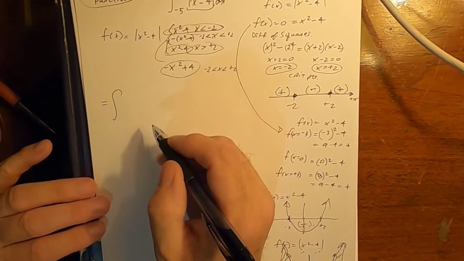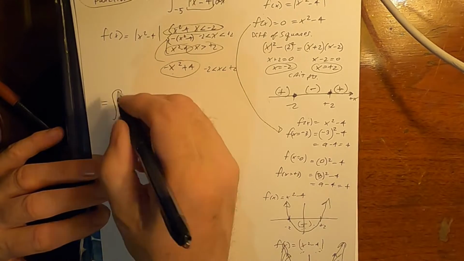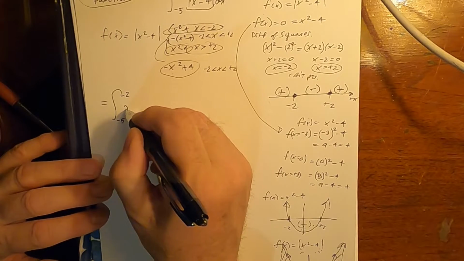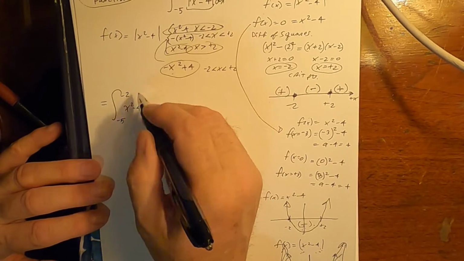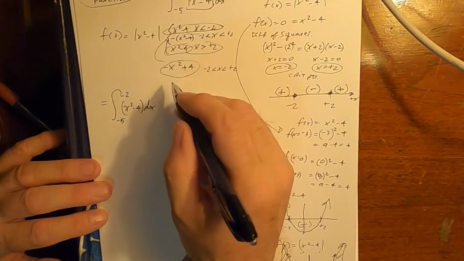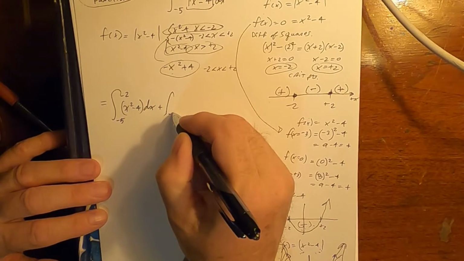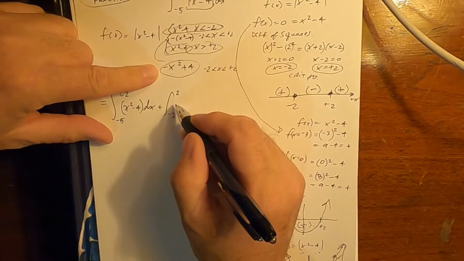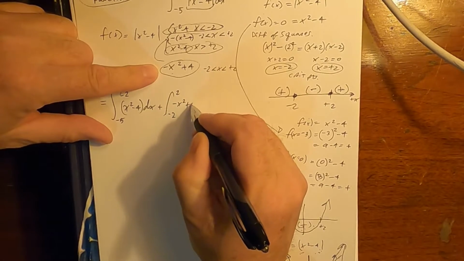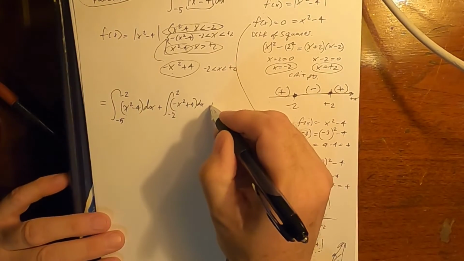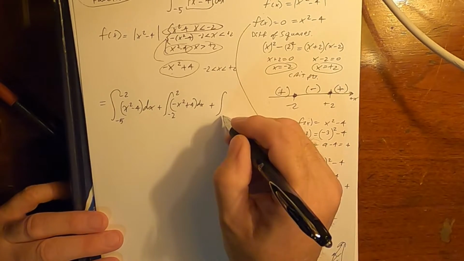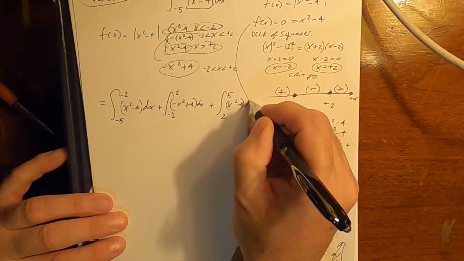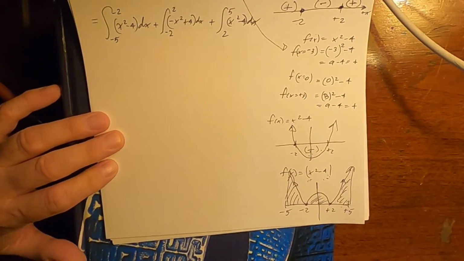We have -5 to -2, and we integrate the regular function, x squared minus 4 dx. Then from -2 to 2, we do the other function, minus x squared plus 4 dx. And then plus, from 2 to 5 of the original function, x squared minus 4 dx. So there you go.